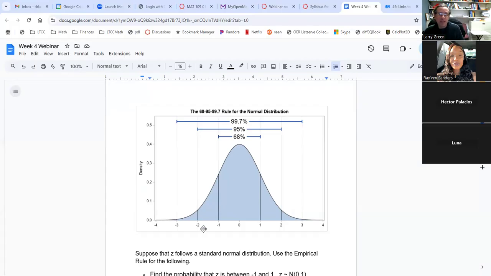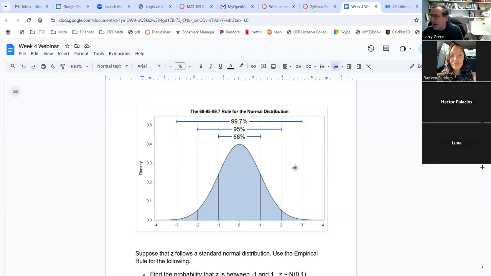The probability of being within two standard deviations of the mean, that means between -2 and 2, that's 95%. And then the probability of being within 3 standard deviations of the mean, that's -3 to 3, that's 99.7%. So very small chance of being outside of 3 standard deviations.